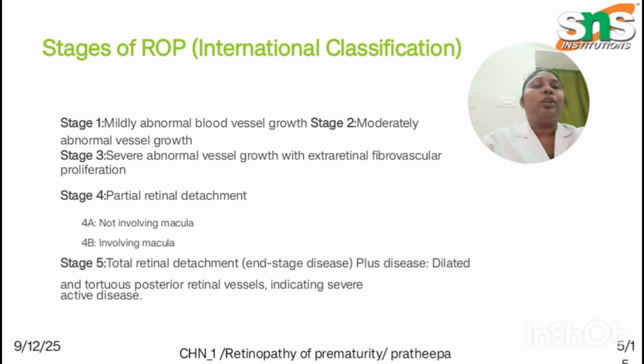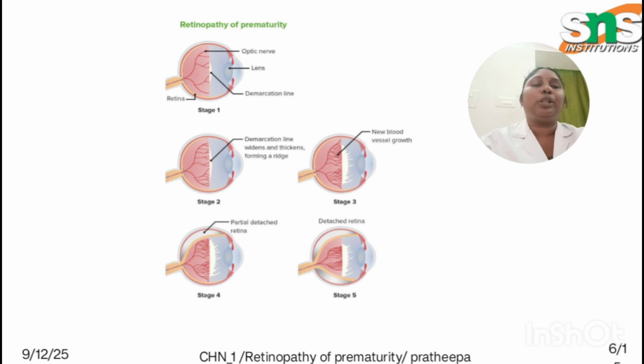Stage 5, total retinal detachment, end stage disease. We can also say plus disease, dilated and tortuous posterior retinal vessels, indicating severe active disease. This picture shows the different types of stage 1, stage 2, stage 3, stage 4 and stage 5.